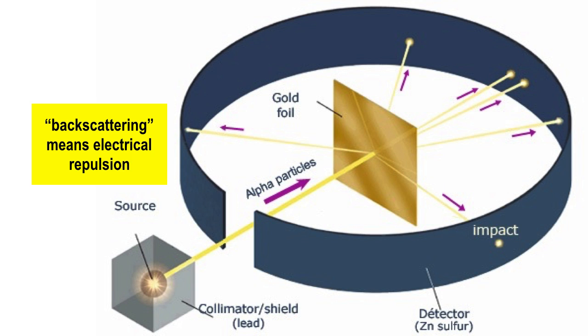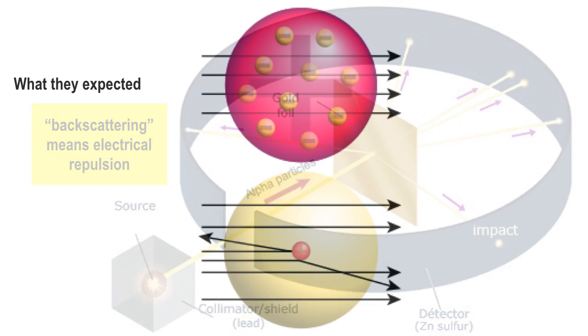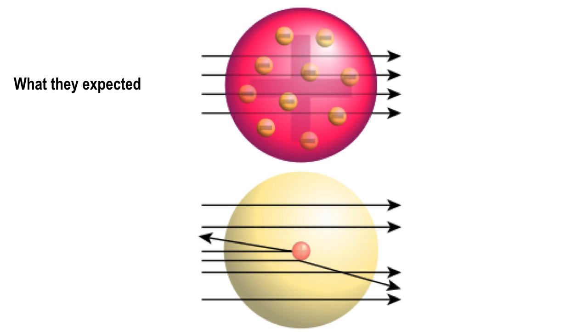But if you come in and hit the target, and not only do you turn left, but you keep going to like 110 degrees, so from straight ahead to 110 degrees, you're actually going back the way you came a little bit. That's backscattering, and it will not happen without a positive nucleus.